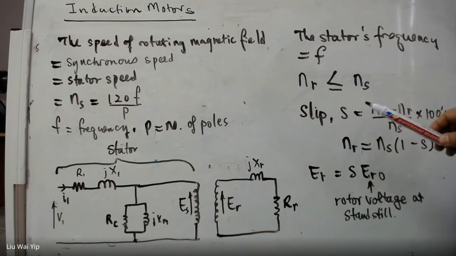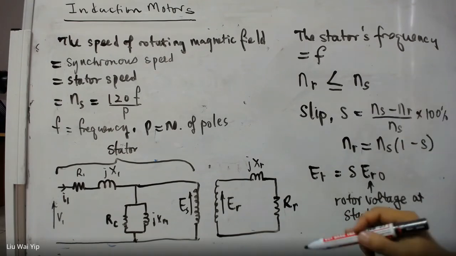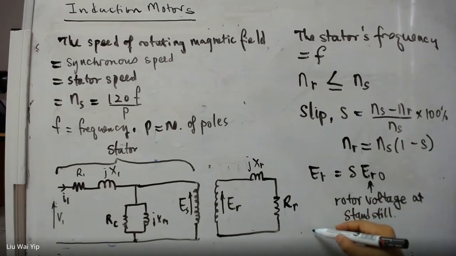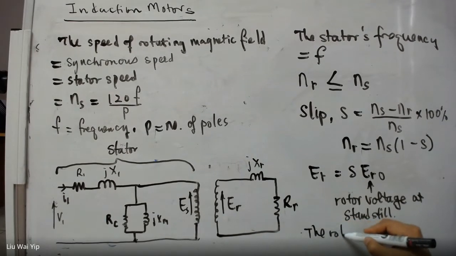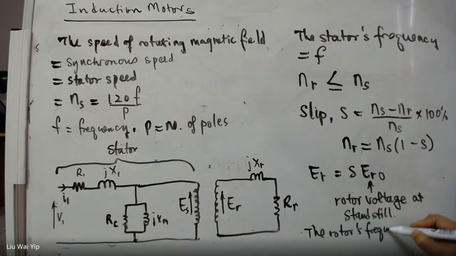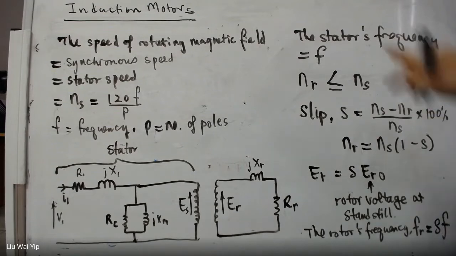The rotor frequency fR equals sF: the slip times the supply frequency.